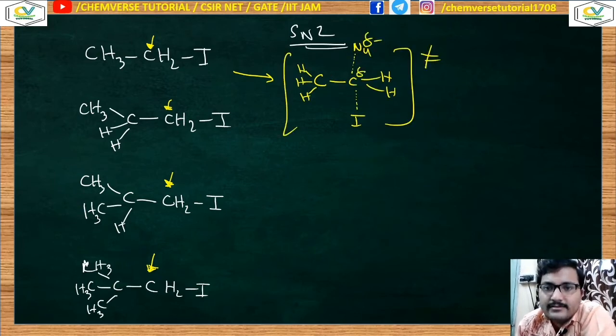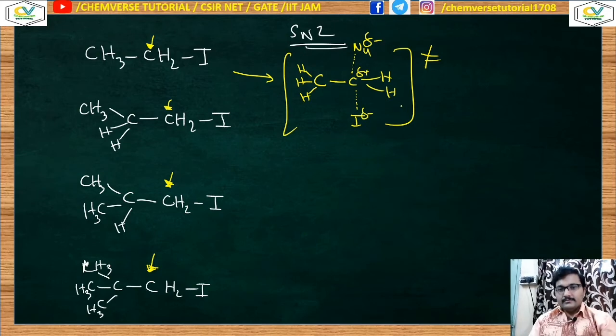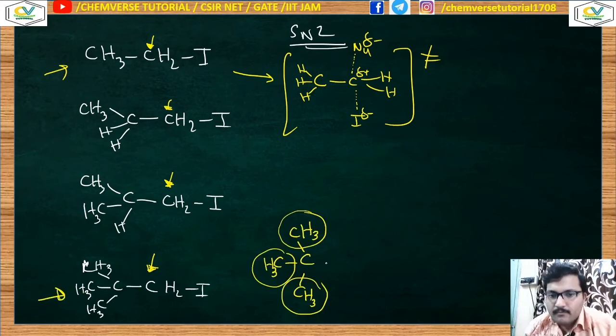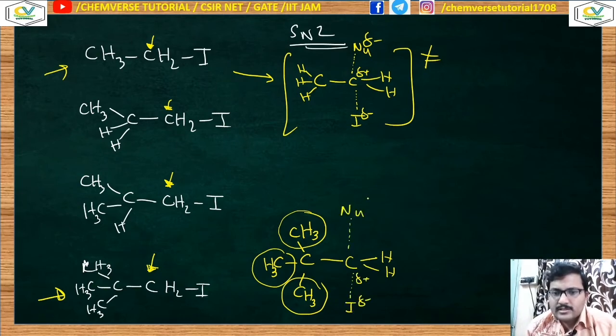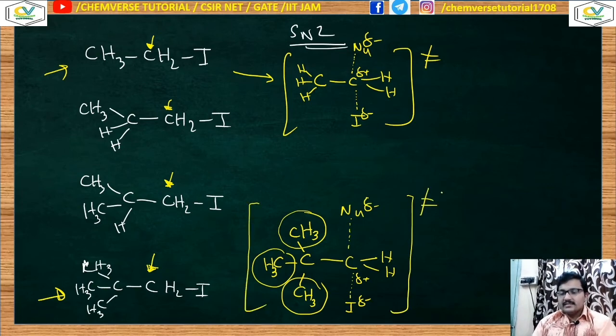Over here delta negative, delta positive and delta negative. So this is for one extreme, that is this one. And now I am going to discuss the transition state for this one. Now I think you have already got your answer. Although the substituent is present in the beta carbon, it is still hindering the nucleophile attack.